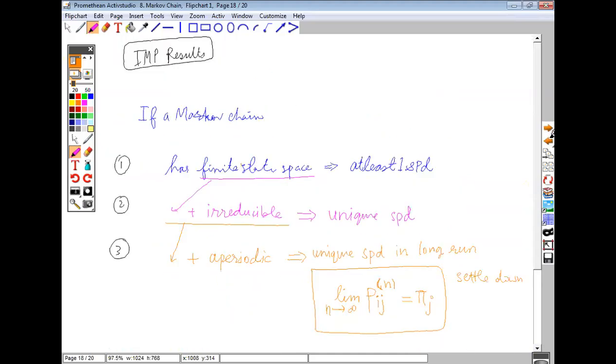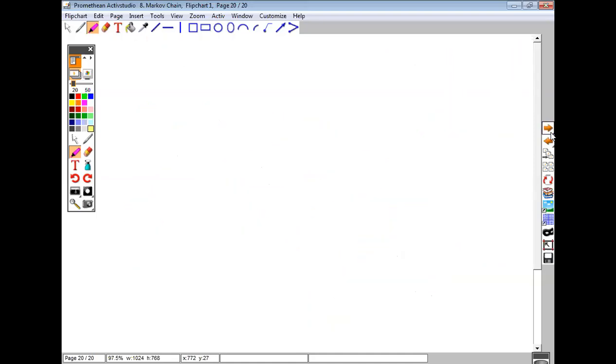So the third result is all about this: if you also know in addition that your process is aperiodic, you can say that it will settle down for sure with the unique SPD in the long run. But we can have a look at a process which is periodic and still has a stationary distribution. It's not that if you have a periodic chain, you won't see it having a stationary distribution. It might still have one, but it is not guaranteed always. So you can have a look at a simple chain which has states 0 and 1, and it goes there and comes back with probability 1 every single time.